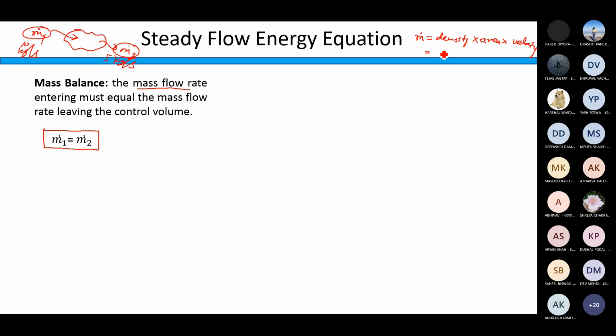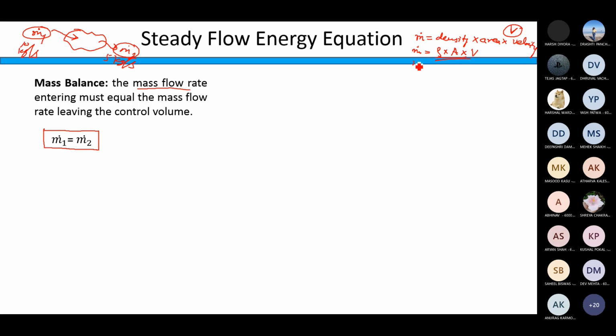If rho is the density, A is the area, and in next semester's higher course you will use capital V for velocity. If I keep this notation intact, capital V is velocity, not volume. So the mass flow rate m dot will be given as rho A V.